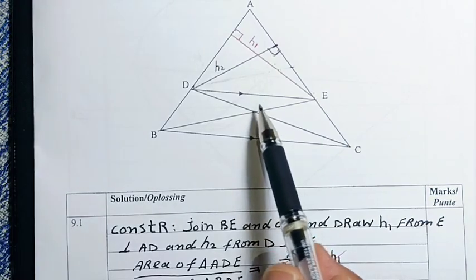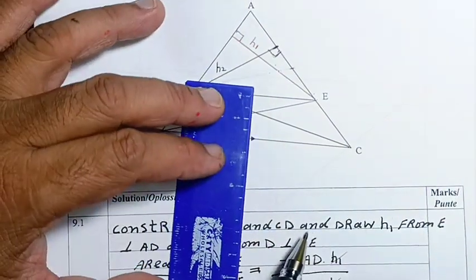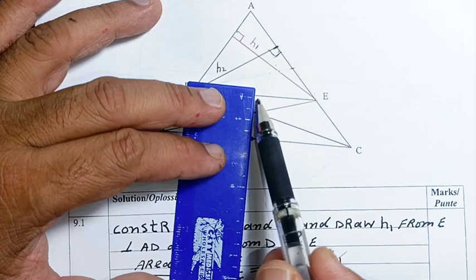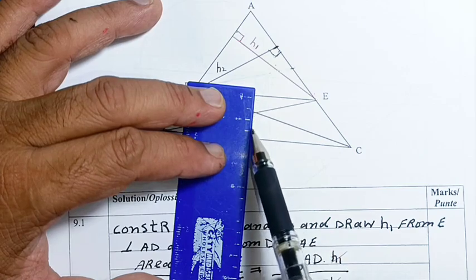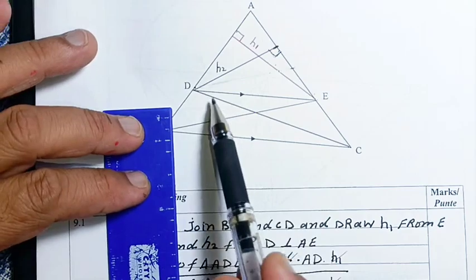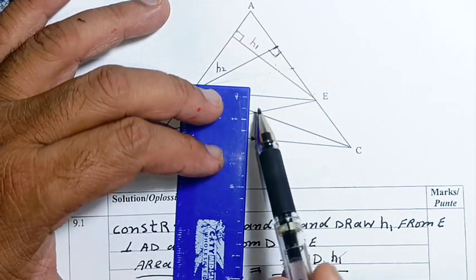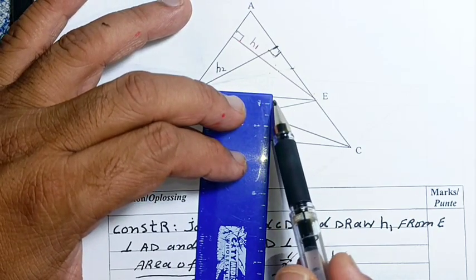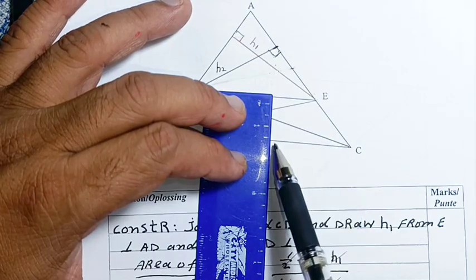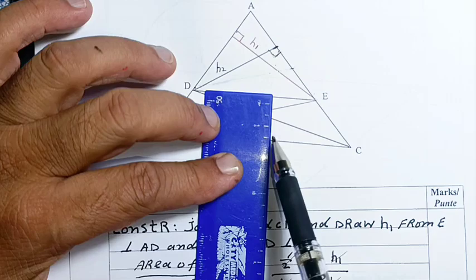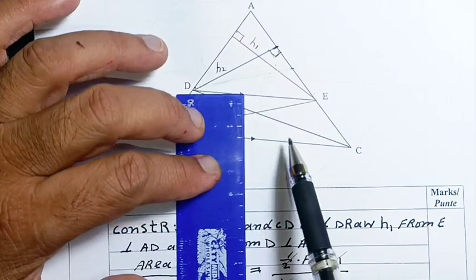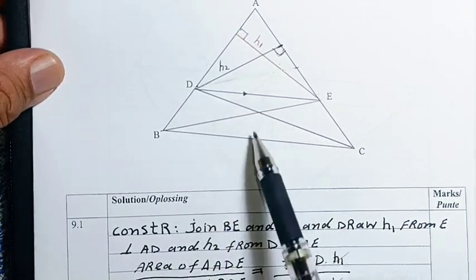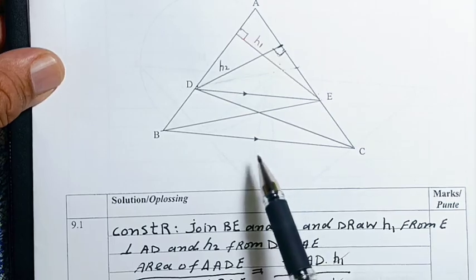If I draw any line from here, it's going to be the same perpendicular height. So DE is my base, and I can draw a line from here or from here, from DE towards BC, and it is going to be the same perpendicular height. So that's why same base, same height. So these both triangles have equal area.